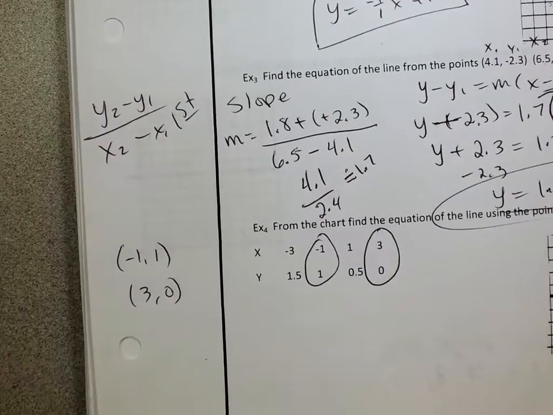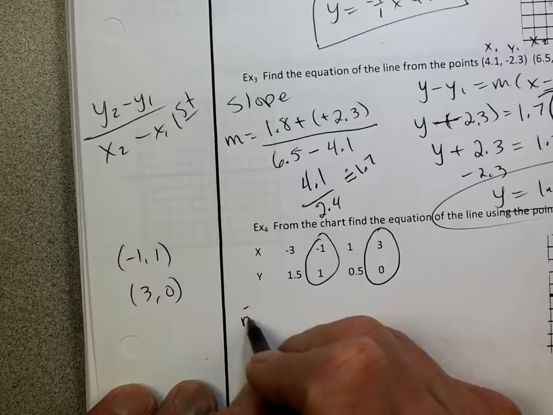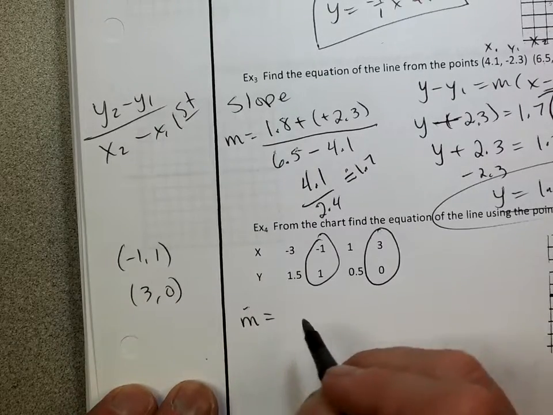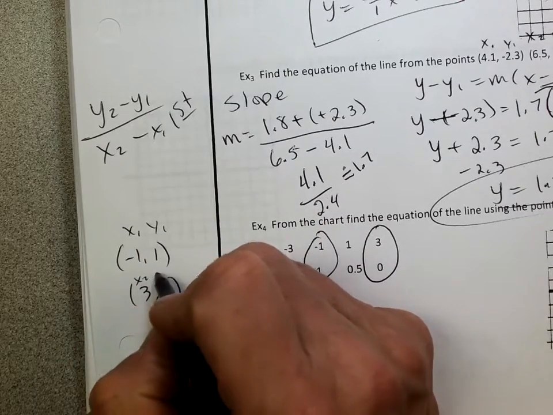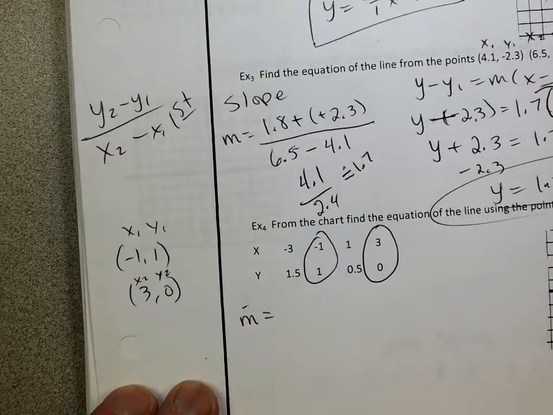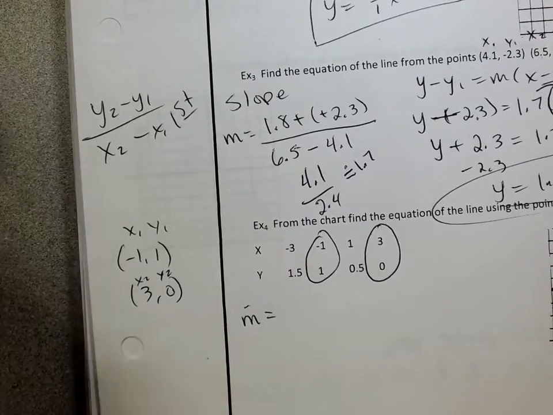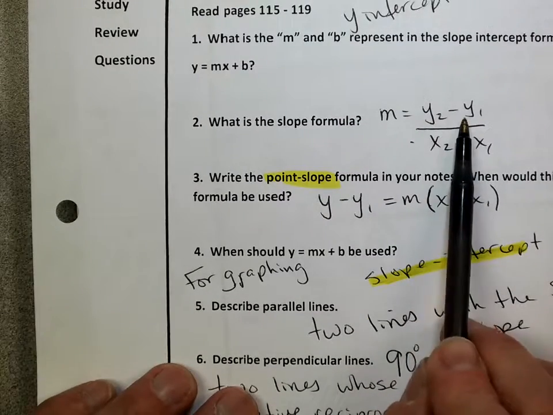Okay? Now, let's find the slope first. So let's find the slope. M is equal to, all right, x1, y1, x2, y2, right? So the slope formula is the y2 minus y1 over x2 minus x1, right?